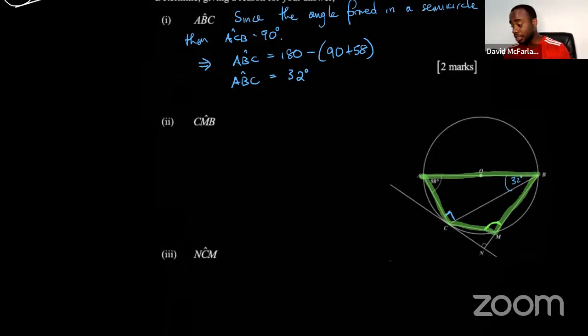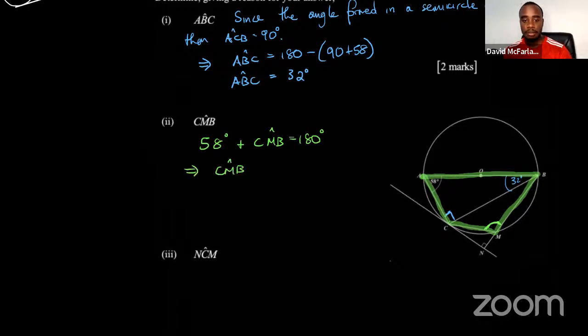Seen in the chat here, Ninja is saying cyclic quadrilaterals and angles opposite each other are supplementary. Yeah, basically. So opposite angles in a cyclic quadrilateral are supplementary. They add up to 180. So that means 58 degrees plus CMB is going to be equal to 180 degrees.